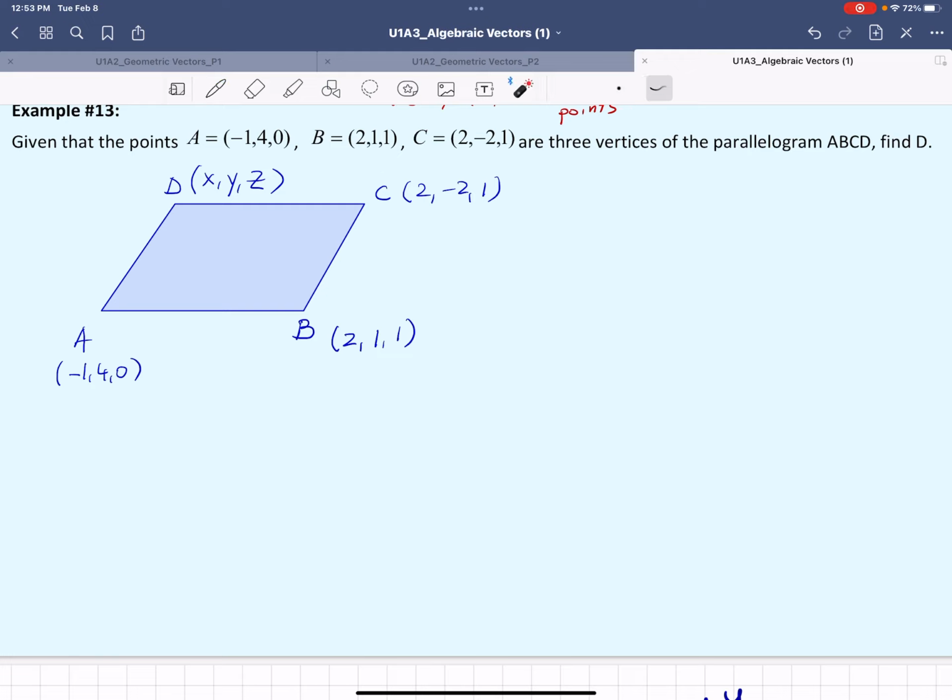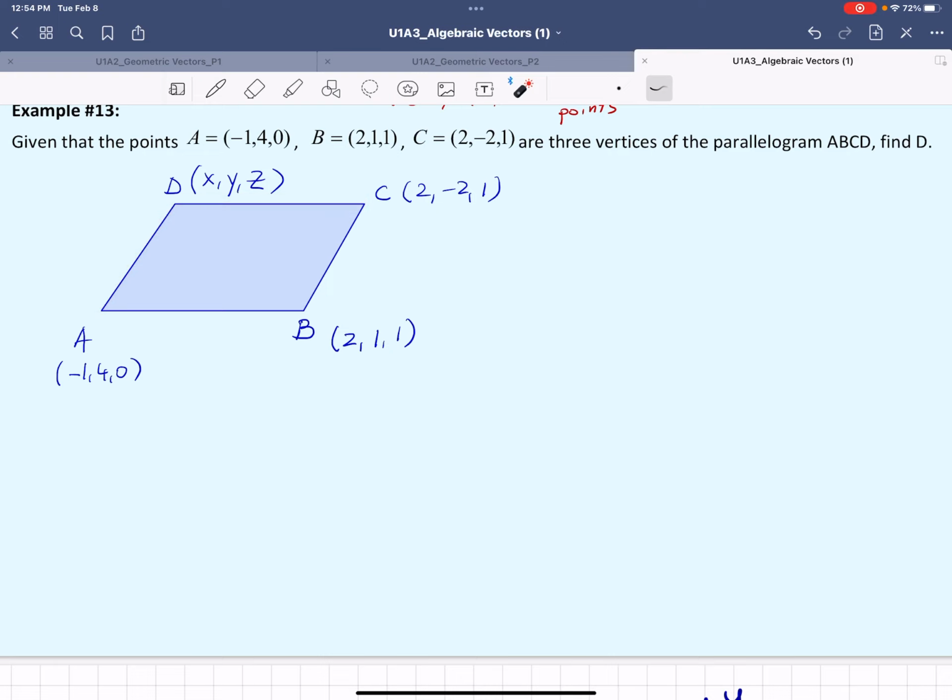Now, in order to find the coordinates of D, we have to think of what properties of parallelograms we can use. Because this is a parallelogram, point D cannot be just anywhere. It has to complete all the properties of the parallelogram.